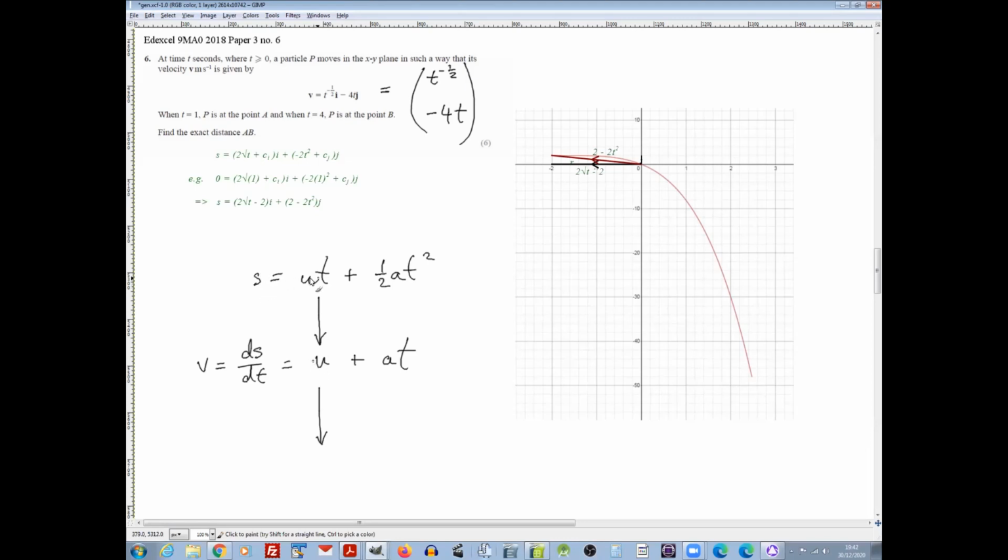You see, ut plus half at squared comes from integrating. Oh yeah, we did touch on this. It's been a while.